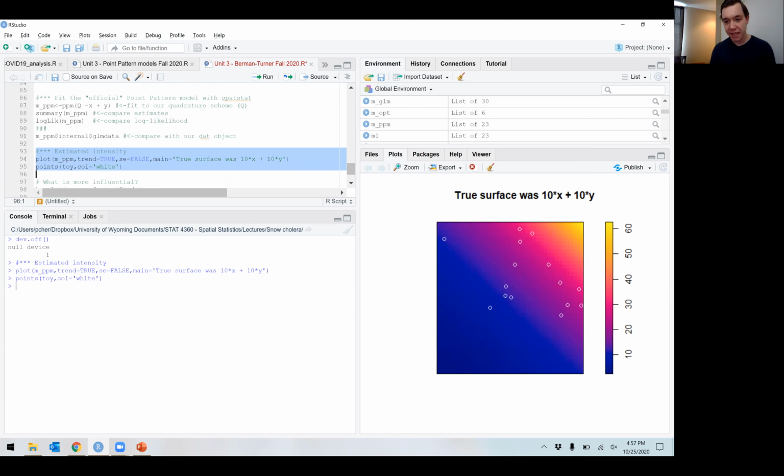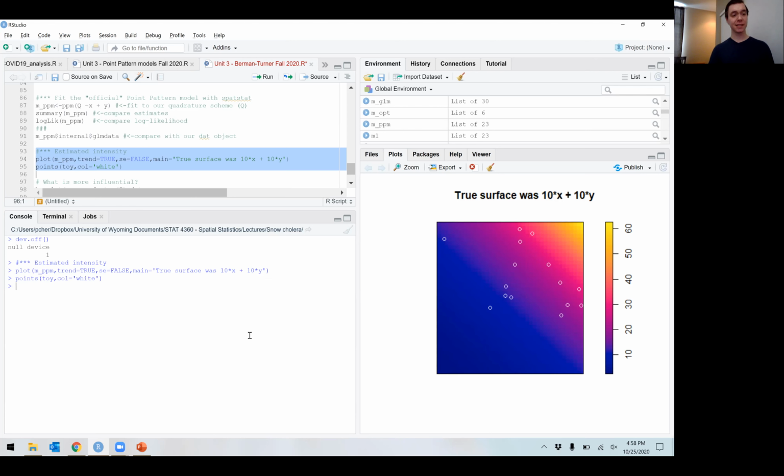Although the highest expected intensity was way up in this pixel, we did not observe anything there. But there's a clear pattern where there are more points in the top right of our square than the bottom left of our square. And there's a clear spatially varying intensity. You're expecting as many as 60 points per unit area in this top right and as low as 0 in the bottom left.